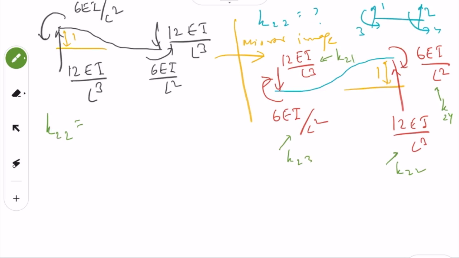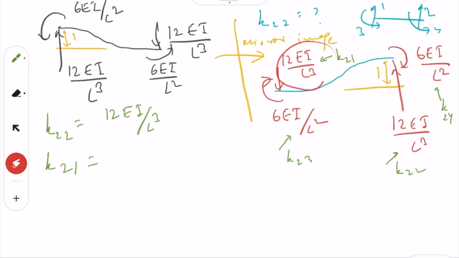K22 is upward like this one, so it will be plus 12EI over L cube. K21 is downward, hence minus, so minus 12EI over L cube.